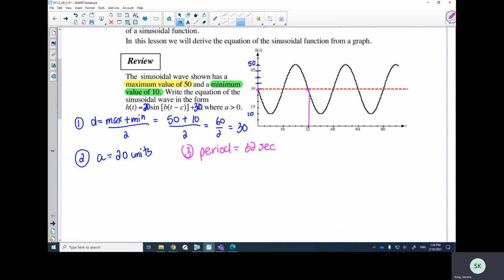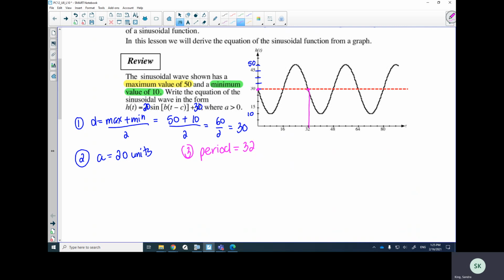Oh, wait a second, maybe they want that to be minutes, it doesn't say. They don't tell me what t is here. It could be in minutes, it could be in seconds, I'm not really sure. So I'm actually just going to erase this seconds because I don't know for sure. So 32.